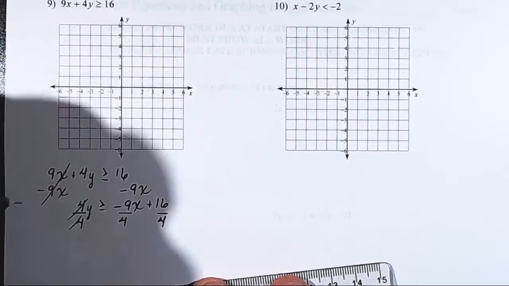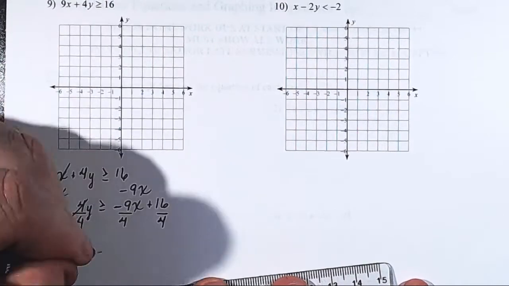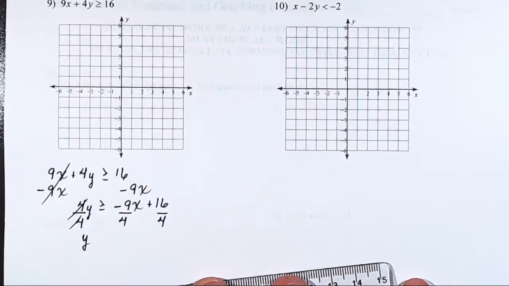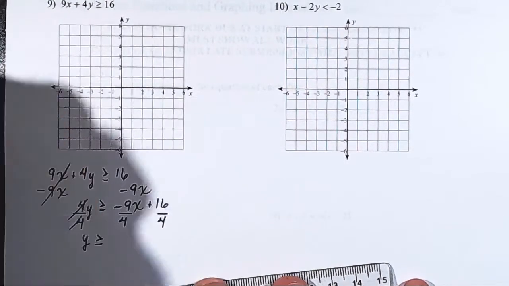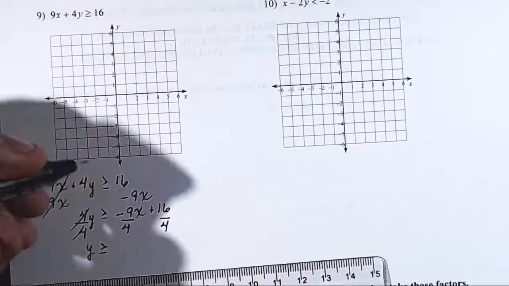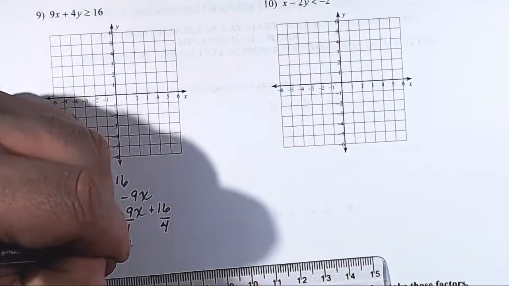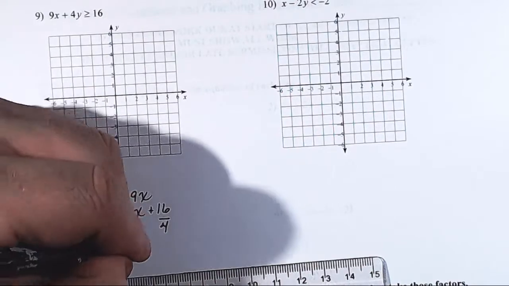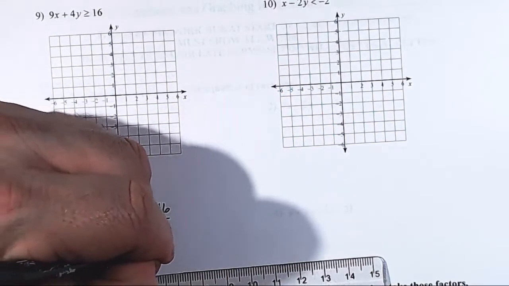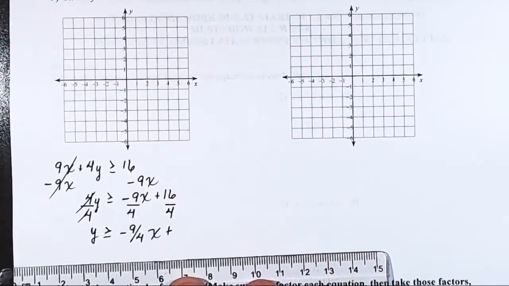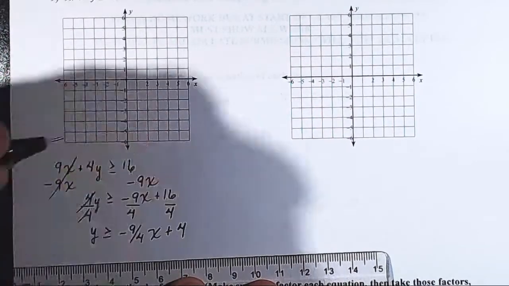The 4's cancel on the left. We did not divide by a negative, so nothing changes. We have y greater than or equal to negative 9/4 x plus 16 divided by 4 is 4, so plus 4.